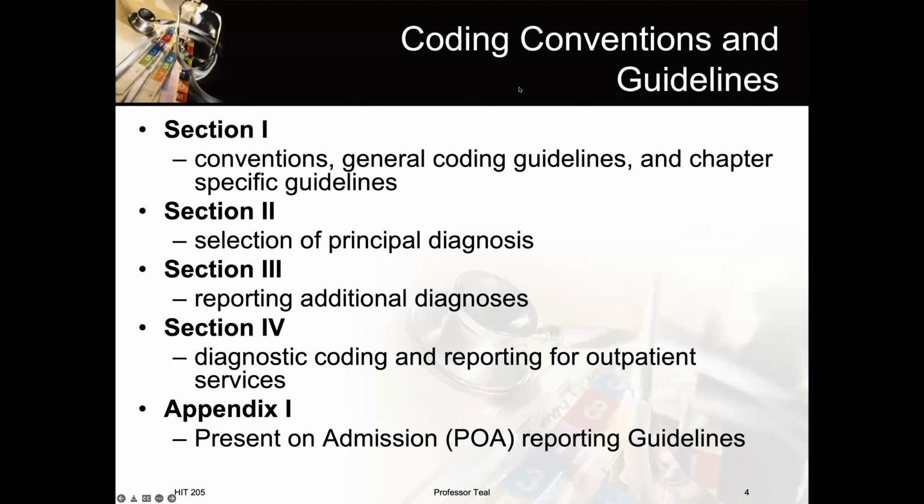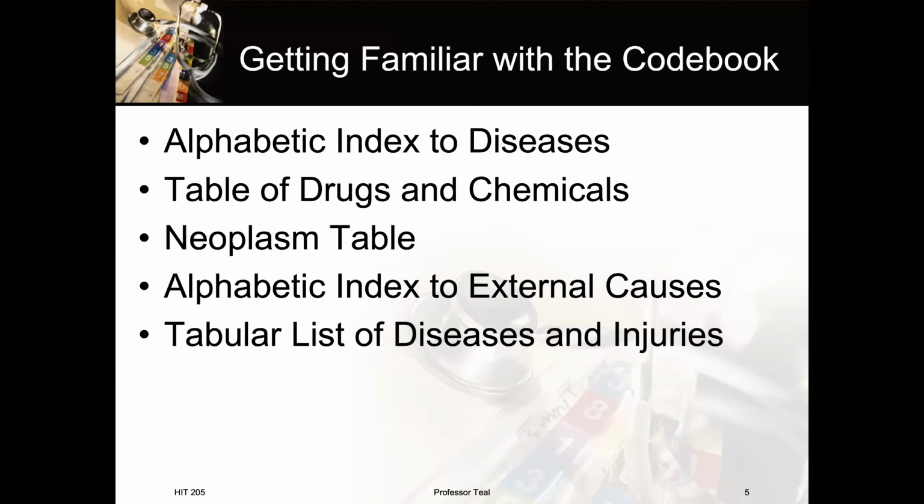So here we are back with our slide presentation, and we talked about the sections. So once you've reviewed the coding conventions and guidelines, you need to familiarize yourself with the organization of the ICD-10-CM codebook so that you're comfortable locating the alphabetic index to diseases, the table of drugs and chemicals, the neoplasm table, the alphabetic index to external causes, and the tabular list of diseases and injury.